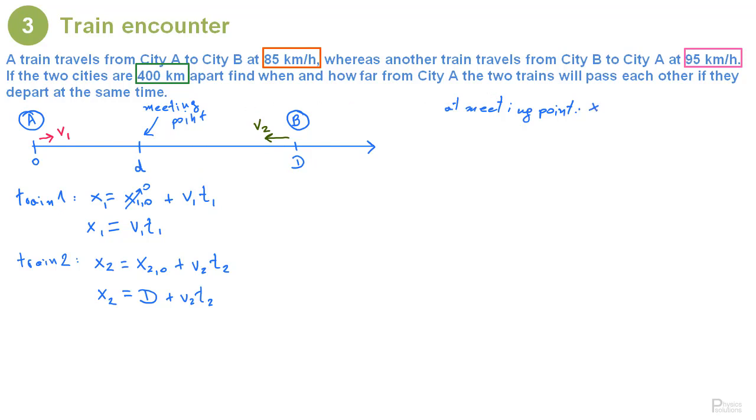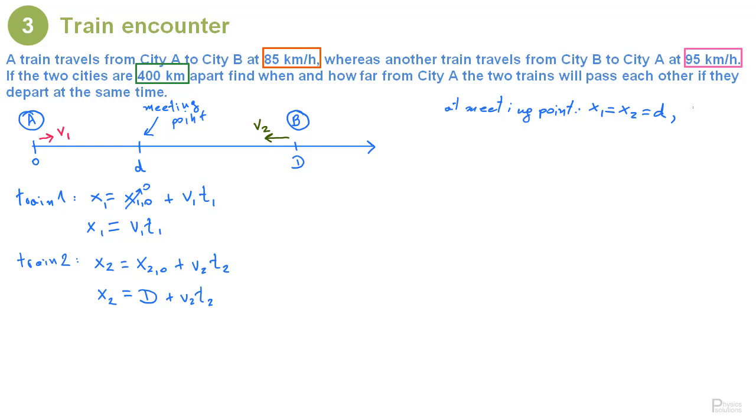So we want the coordinate of the first train to be equal to the coordinate of the second train, and we call this quantity little d. We don't know what this is, it doesn't matter, just call it d for now. The other condition is, since the two trains started at the same time, the meeting condition requires that the time for the two trains is the same. Otherwise, they will not meet. That is a condition of meeting.